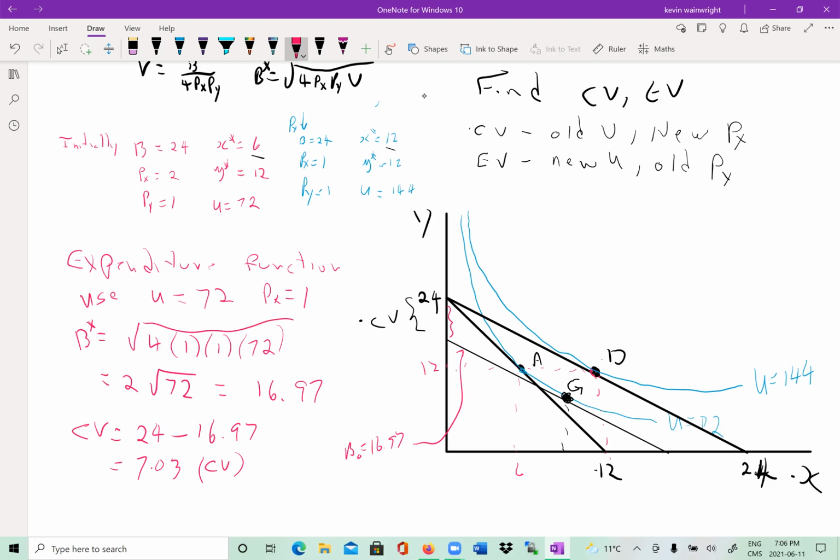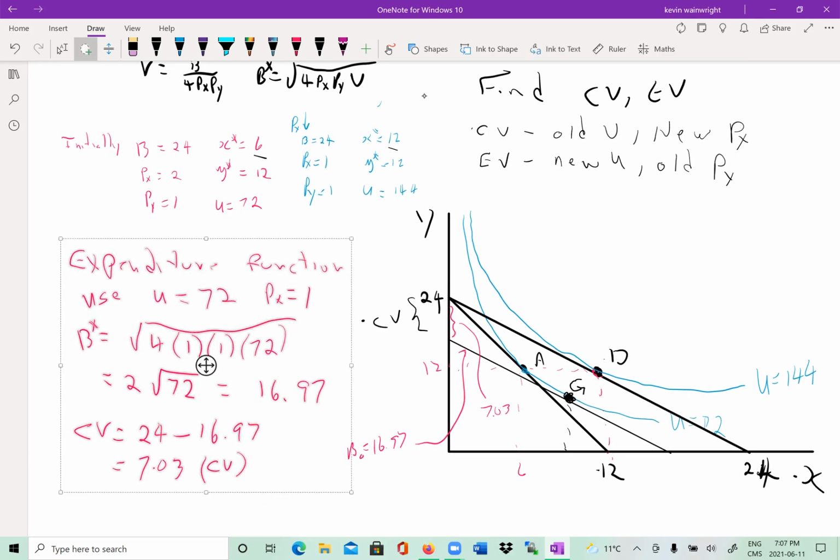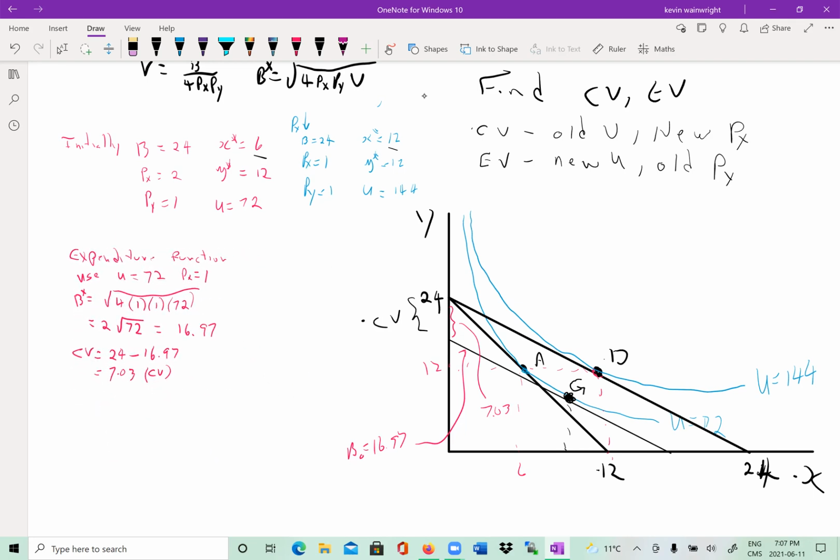So that guy is 7.03. Okay. So now I know what the compensating variation is. Now, if I want to find the equivalent variation, the equivalent variation is going to be the old price, new utility.